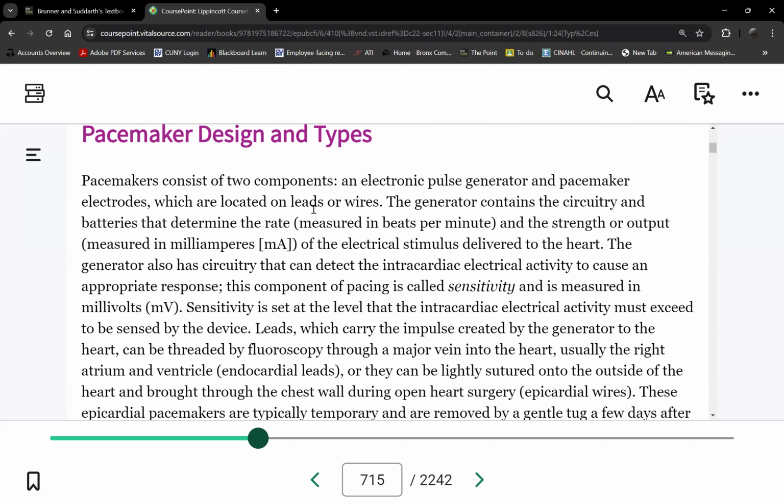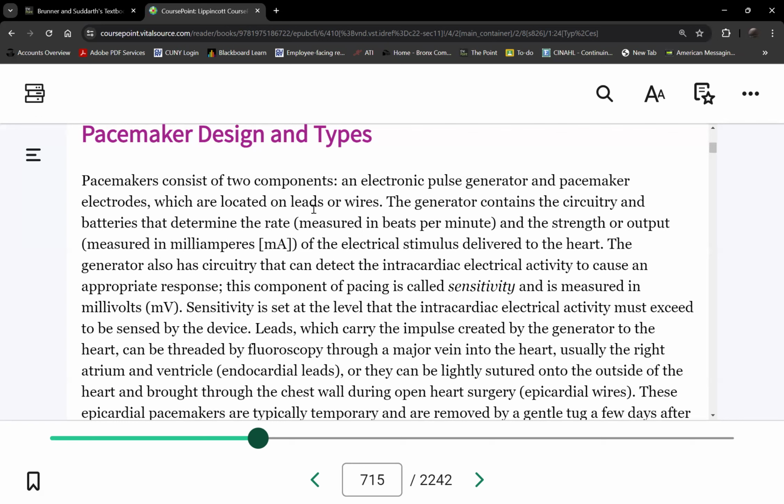Now, 90% of pacemakers have a setting of 70, meaning if your SA node fires less than 70 beats per minute, it will fire. But if your SA node is firing above 70, it will not fire. Does that make sense? That's demand.